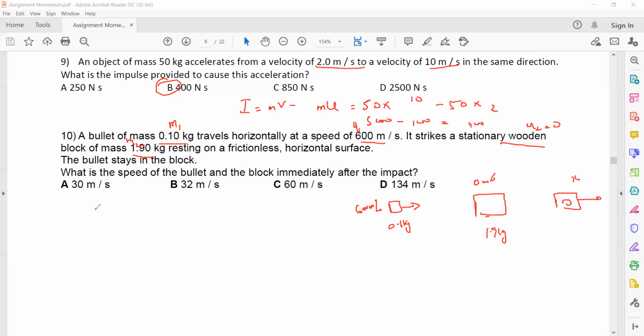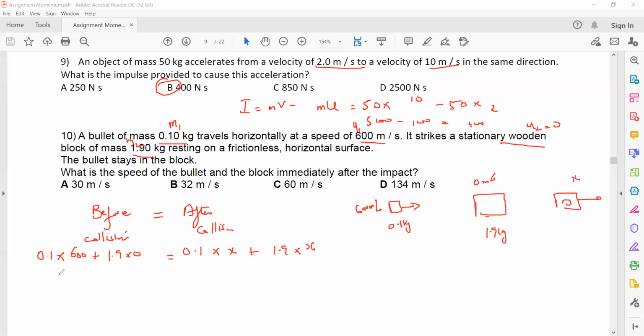So we'll use the conservation of momentum: before collision is equal to after collision. So m1, the first mass, which is 0.1, the speed is 600, plus m2 is 1.9 and the speed is 0. After collision, the mass is 0.1 and the speed is x, and the mass is 1.9 and the speed is again x.